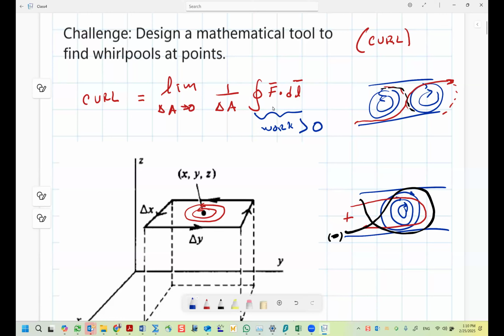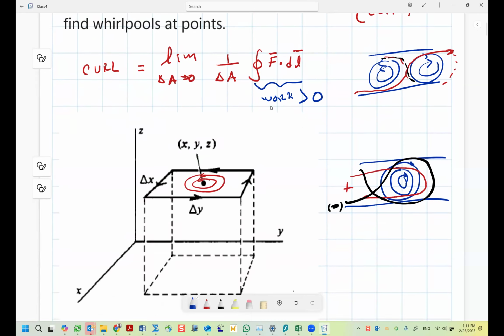So we are designing the curl, which is a mathematical tool that finds whirlpools at points. So that's the definition, and we have been explaining it. I am not going to go a lot further, but the crucial part just comes now.